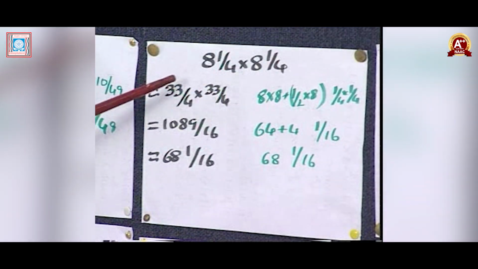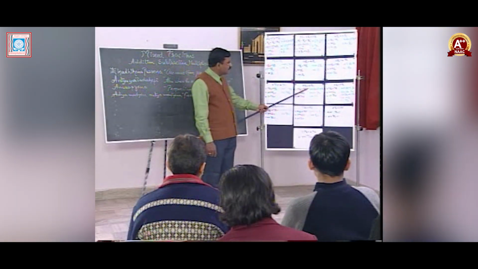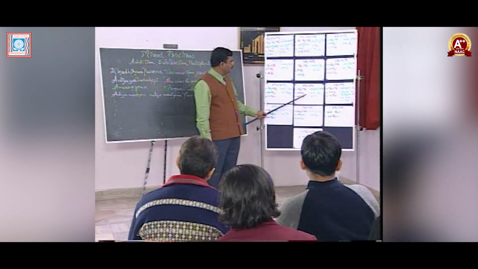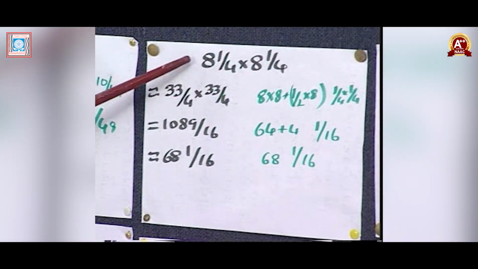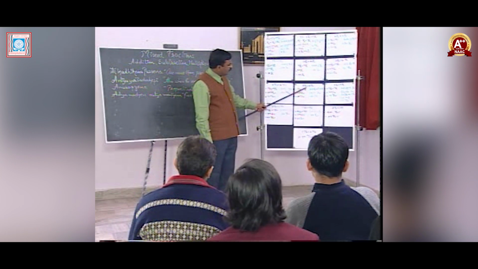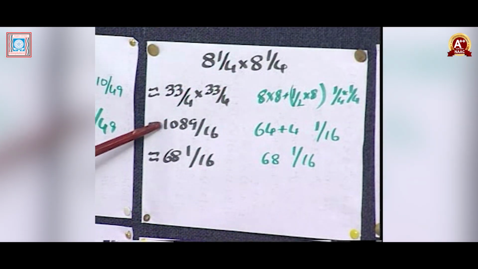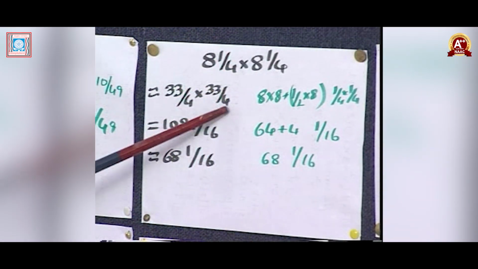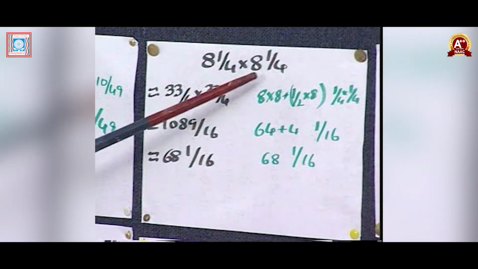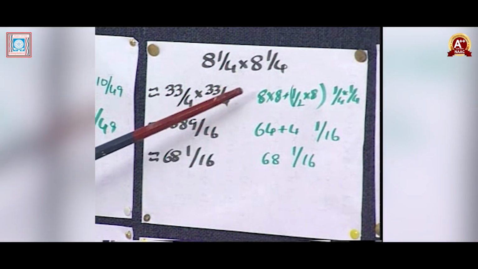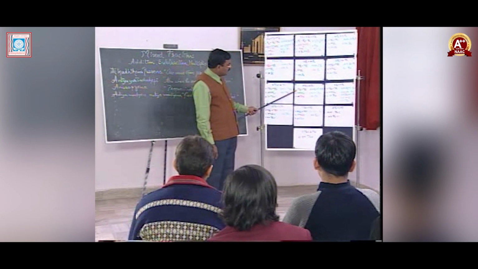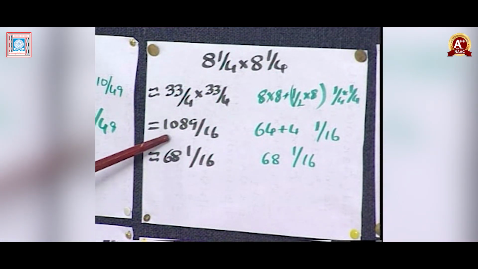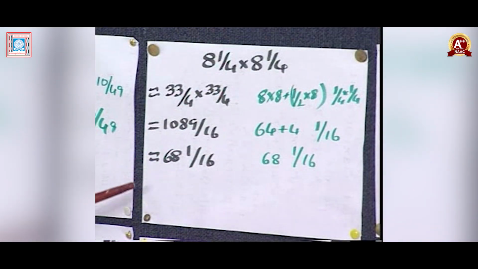Let us see how the conventional method and the Vedic formula operate. Converting 8 integer 1 by 4 gives 33 by 4 multiplied by 33 by 4. 33 multiplied by 33 is 1089 divided by 16, which gives 68 integer 1 by 16.